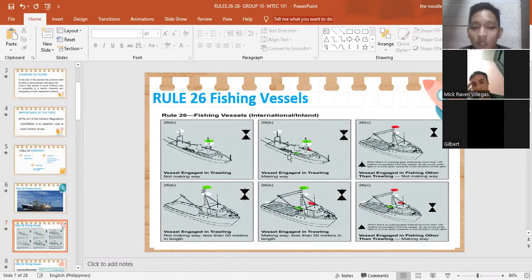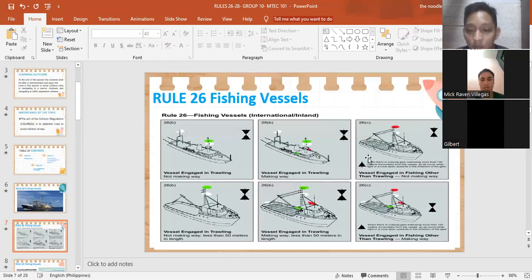The next one is also in Rule 26, subparagraph B, which is a vessel engaged in trawling but making way. The difference between these two is that when making way, you have sidelights, green for starboard and red for port.